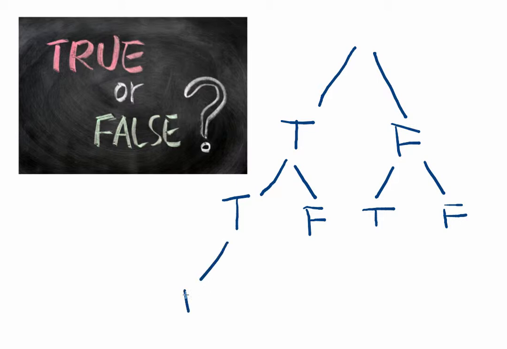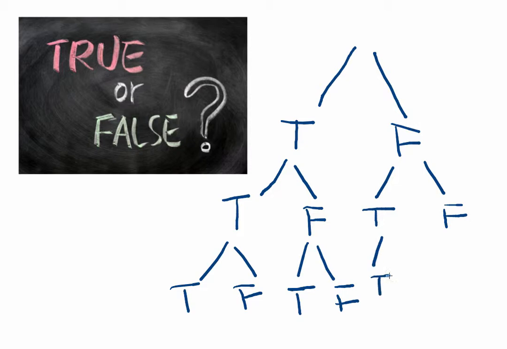true or false, and then true or false, and then I can have true or false, and I can have true or false.